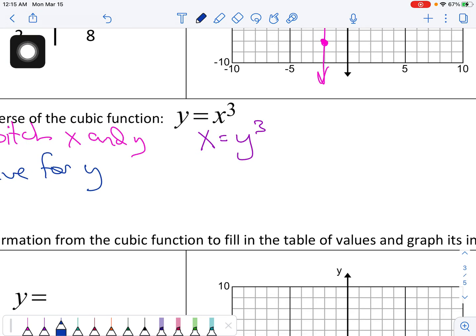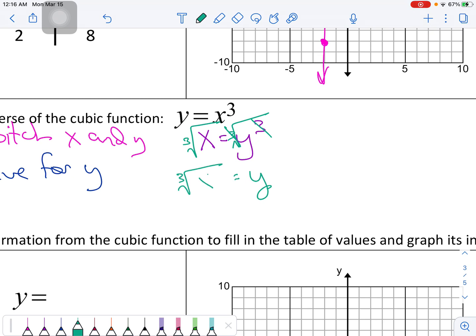So if I zoom in on that function, we've got y to the third. So I want to think about what will undo a third power. And what will undo a third power is a cube root or a third root. So the third root and the third power cancel. So you're left with y is equal to the cube root of x.